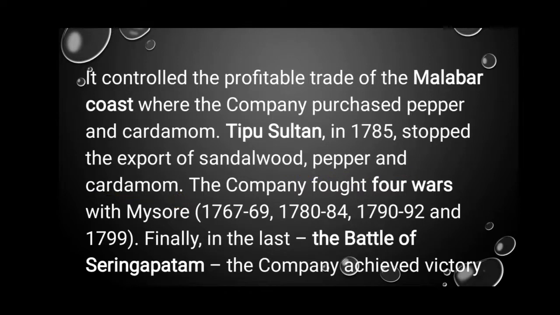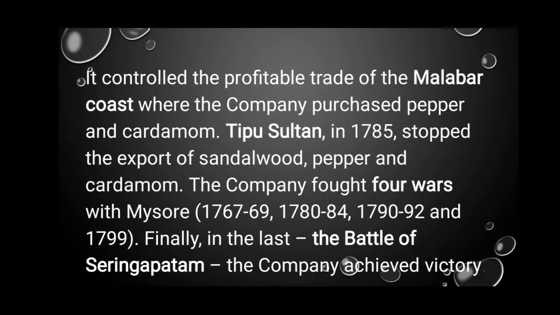So what will happen if Tipu Sultan stops giving these items to the company? The company will get angry, right? So the company got angry and fought four wars with Mysore.